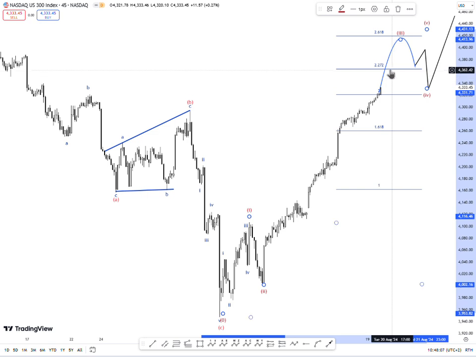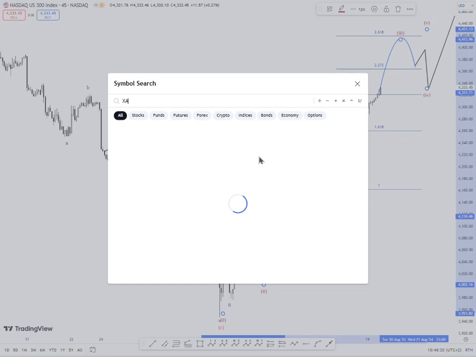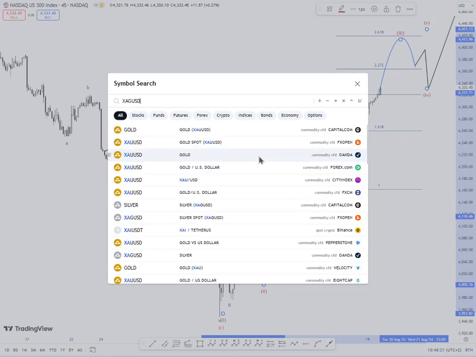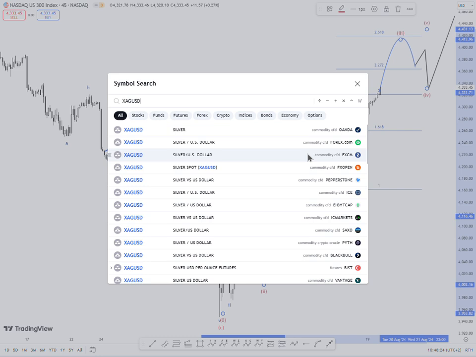Then we expect price to trace a bit, and then continue to move in its bullish rally. And then we're gonna look at silver. Let's jump onto silver.